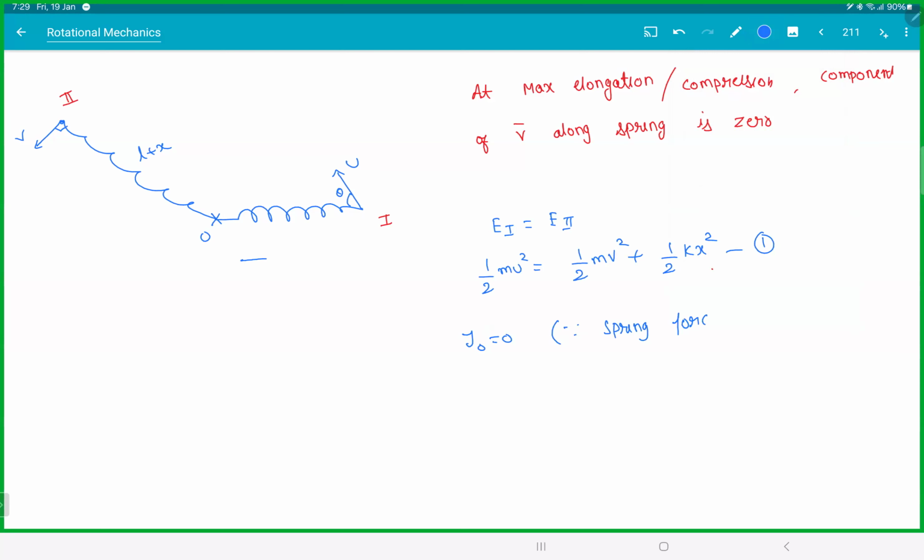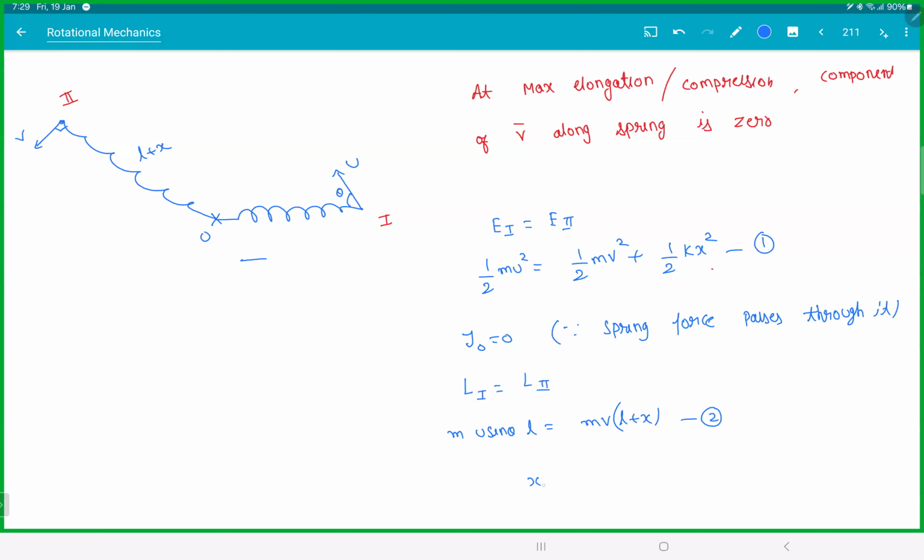No matter how much it stretches, the spring force will always pass through that. Therefore, L initial is equal to L final. m u perpendicular into L is equal to m v into L plus x. Two equations, two unknowns. Solve.